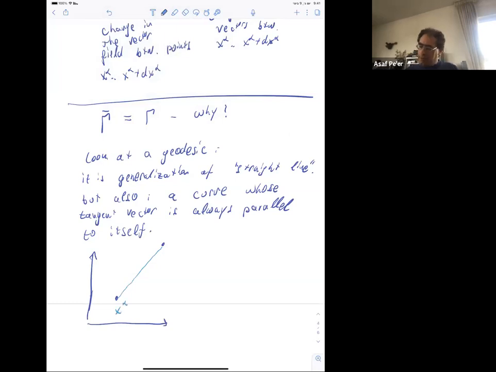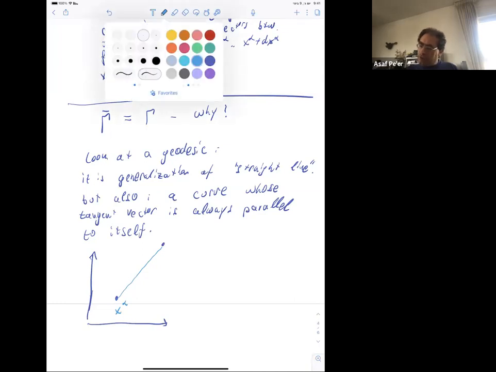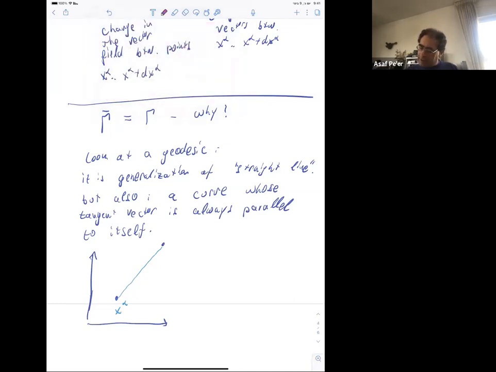Now I can look at the tangent vector to the curve, U of x alpha, everywhere I go along the curve, so it would be x alpha prime.